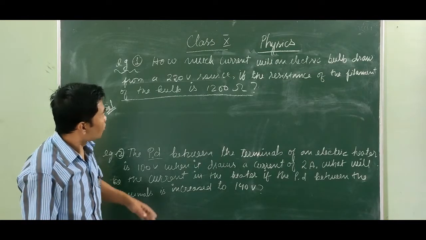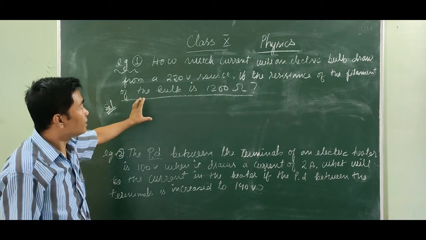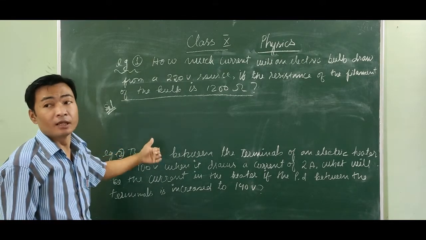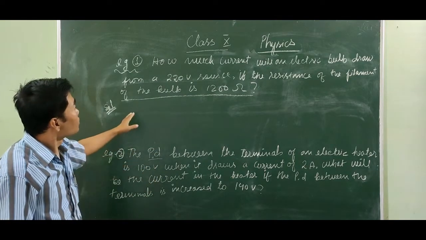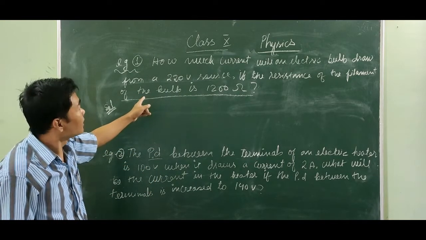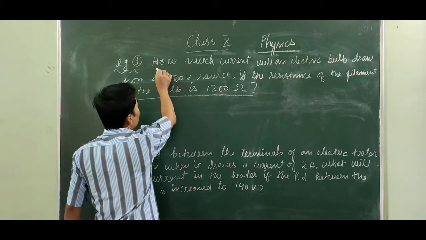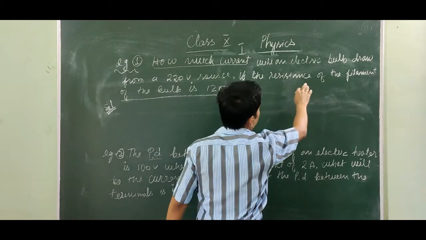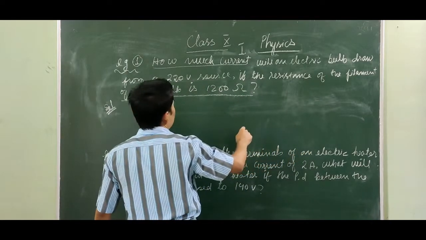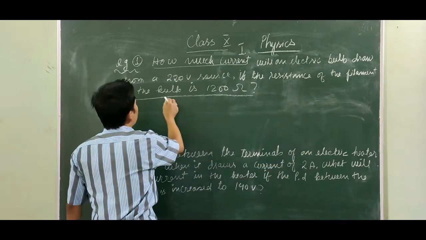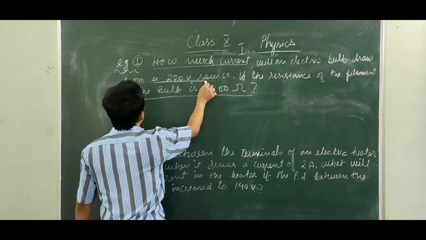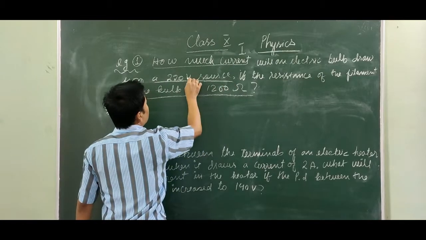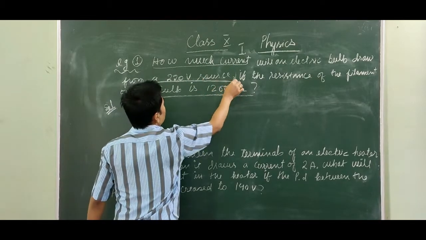Now let's solve two examples, very easy examples from what we have learned till now. The first example is: how much current I will an electric bulb draw from a 220 volt source?